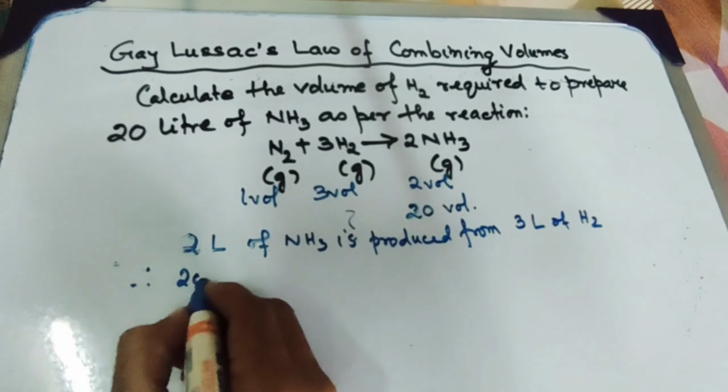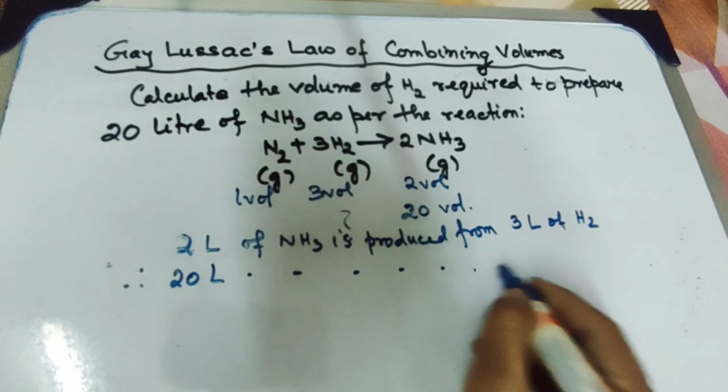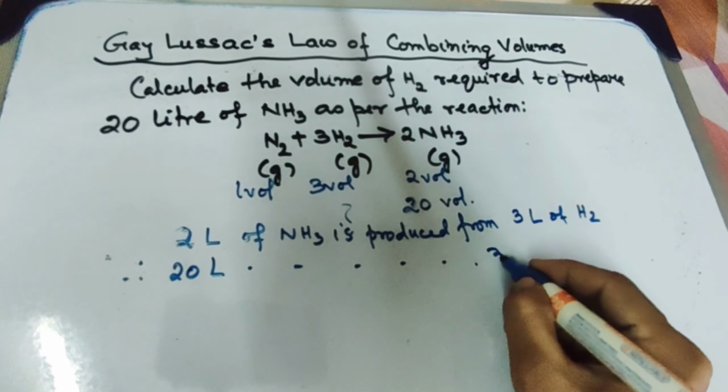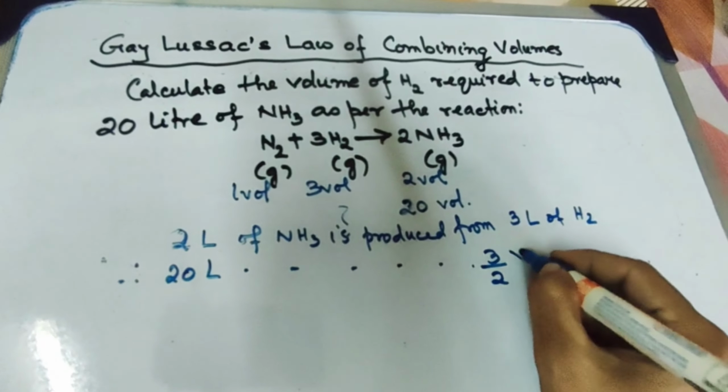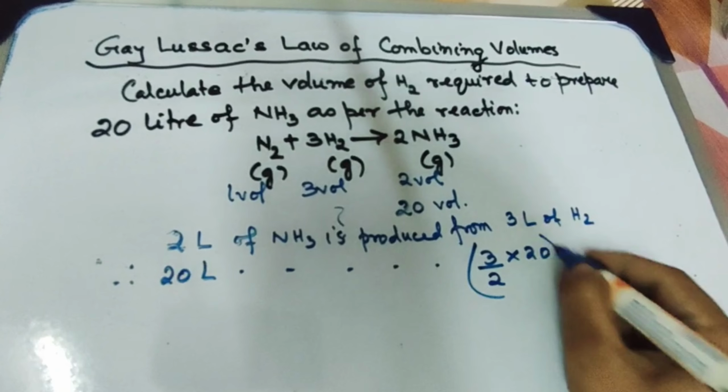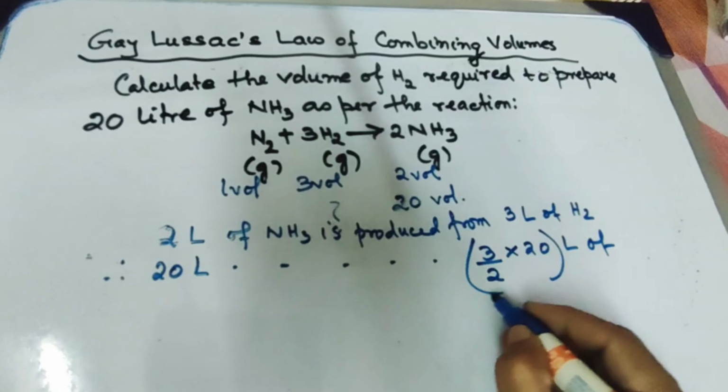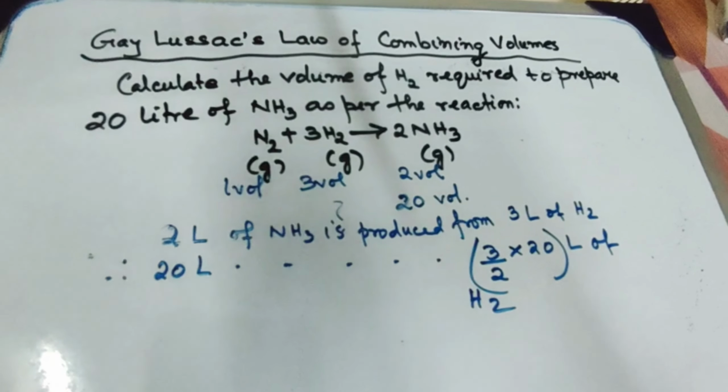Therefore, 20 liter of NH3, plain and simple unitary method, 3 by 2 into 20. This many liter of H2 will be formed.